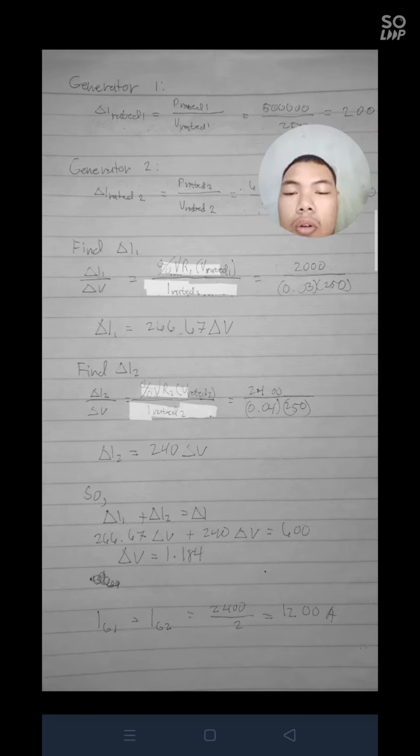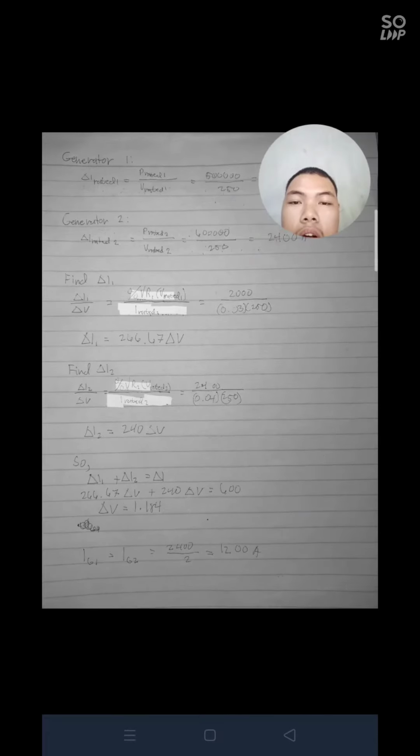So delta I2 equals 240 delta V. So delta I1 plus delta I2 equals delta I. So 266.67 delta V plus 240 delta V equals 600. So delta V is equal to 1.184. So the IG1 equals IG2 equals 2,400 over 2, so equals 1,200 ampere.